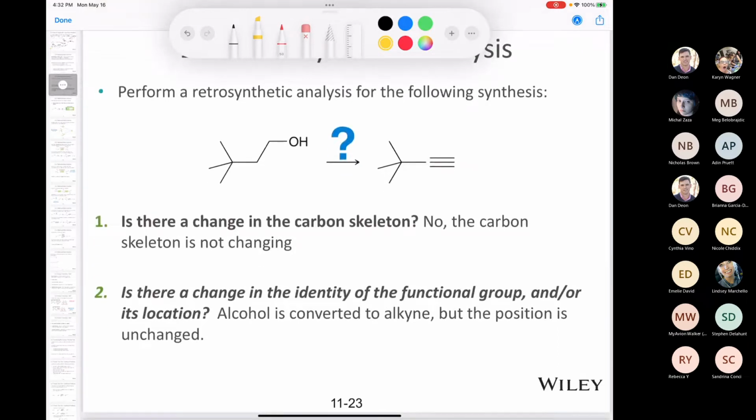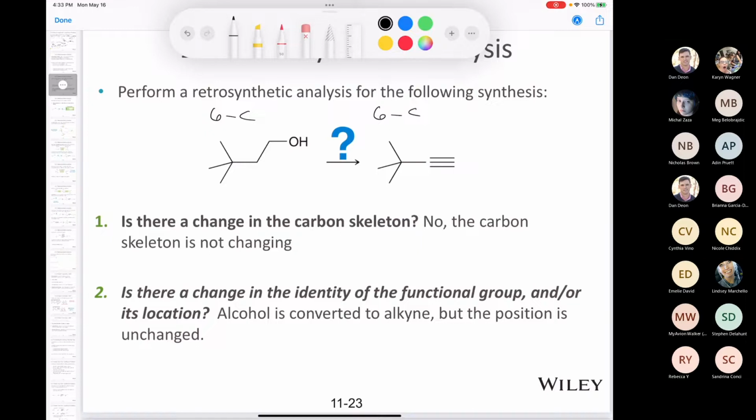Let's say you had this problem here. Let's say I asked you this on an exam. You say, okay, I have a primary alcohol or a terminal alcohol, and I want to make an alkyne. I'm not sure how to do that. Well, what I can tell you is that you're not changing the number of carbons in the skeleton, are you? You're starting out with 1, 2, 3, 4, 5, 6 carbons, and you're ending up with 6 carbons.